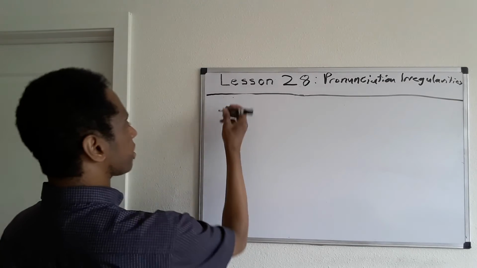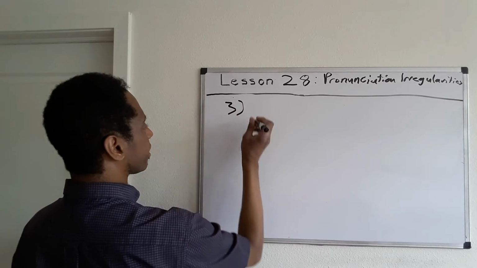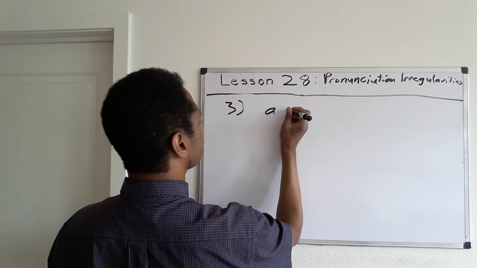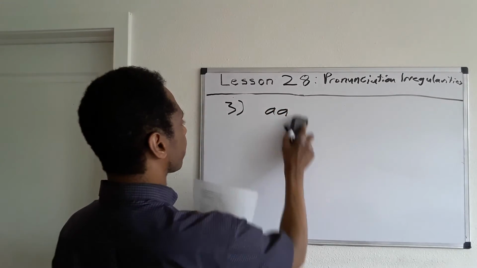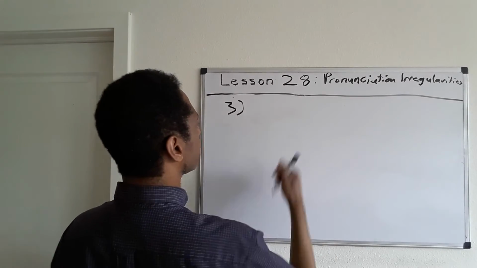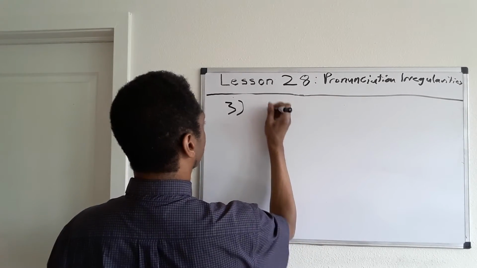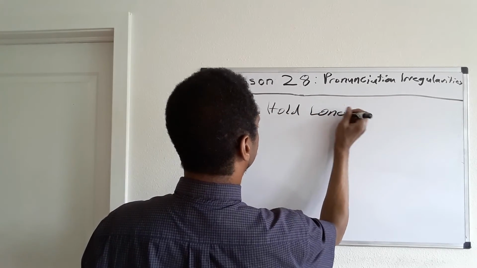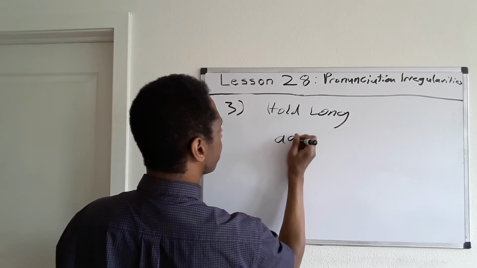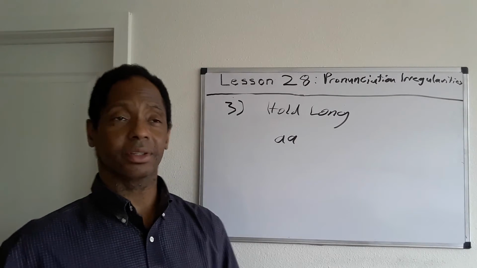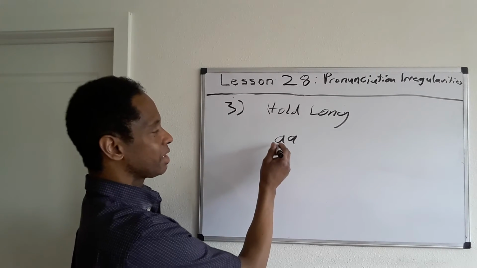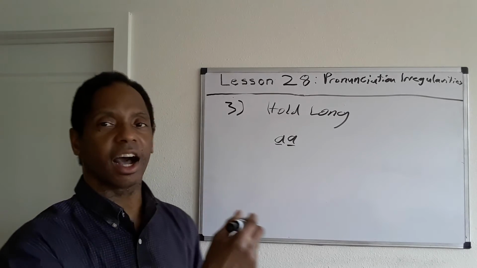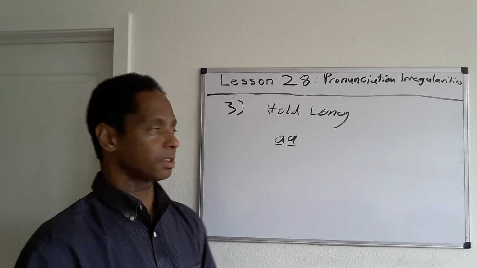Associated with that irregularity, this is a little different, but if you see two letters together, hold long. Okay, if you see two letters together, it means hold them out. It doesn't mean say them specifically. For example, it goes for 2 beats.